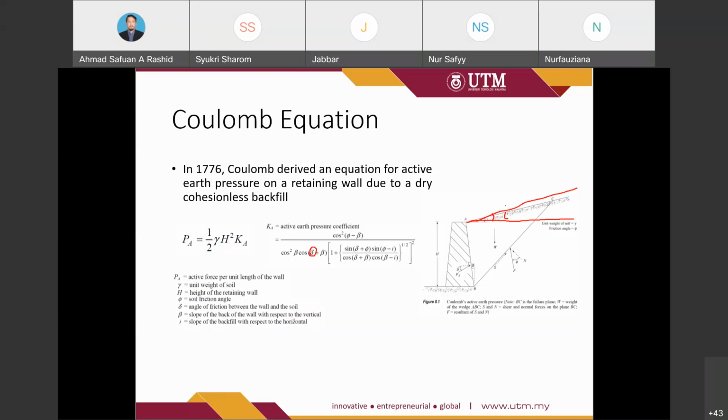With respect to the vertical, 0 degrees is for a straight cut of retaining structure. However, Coulomb has included the effect of the slope of the back of the wall with respect to the vertical direction.